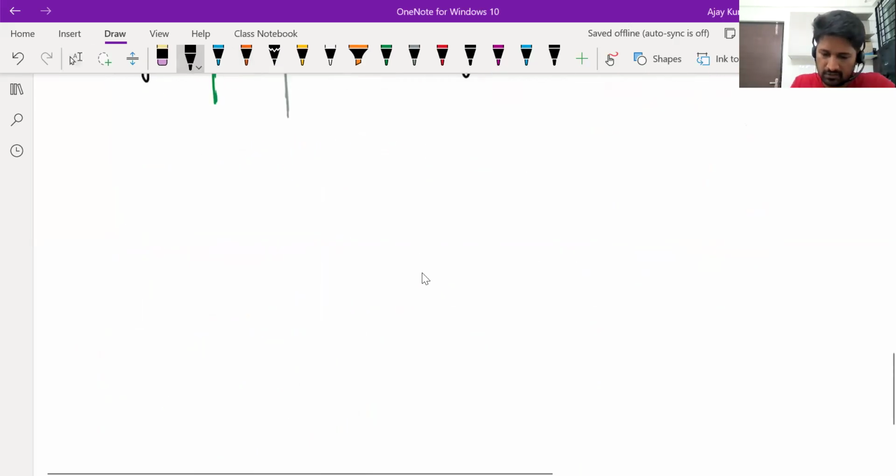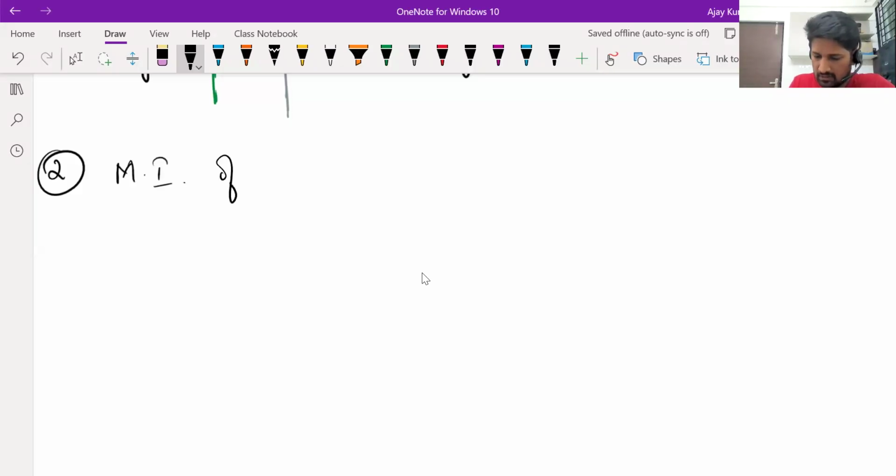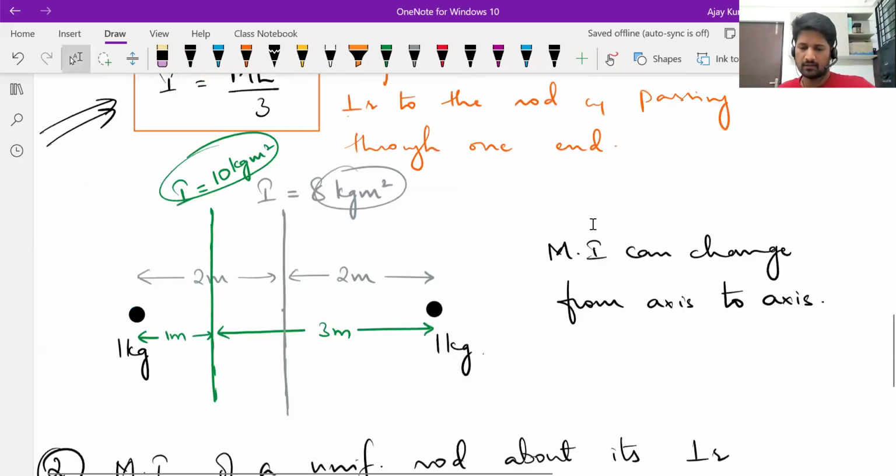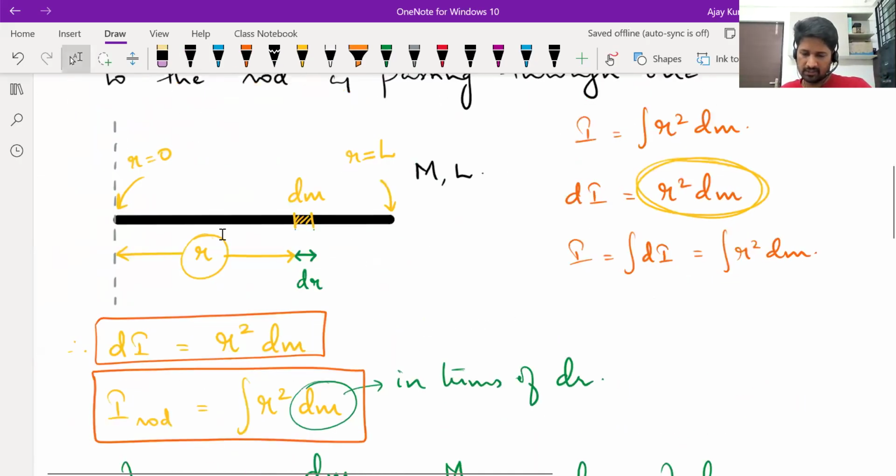Let's take another situation. Moment of inertia of a uniform rod about an axis, or about its perpendicular bisector. What do we mean by perpendicular bisector?